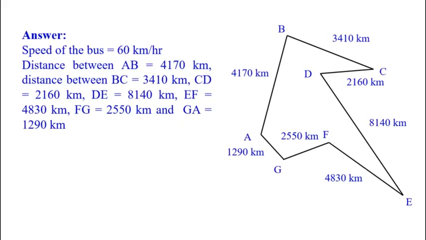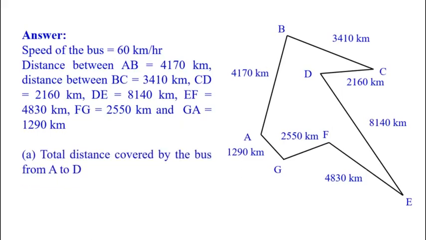DE is equal to 8140 km. EF is equal to 4830 km. FG is equal to 2550 km and GA is equal to 1290 km. These are given in the question.